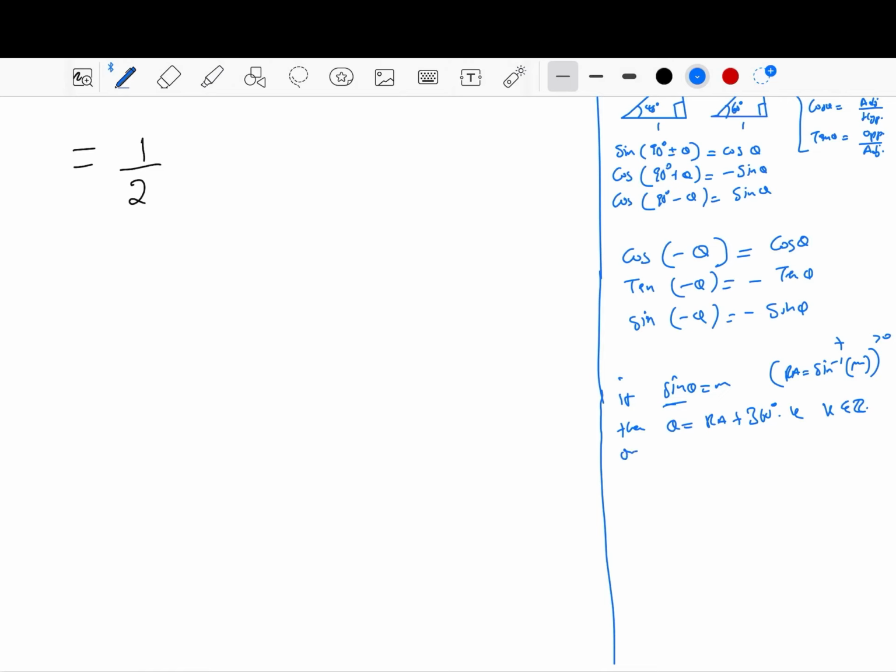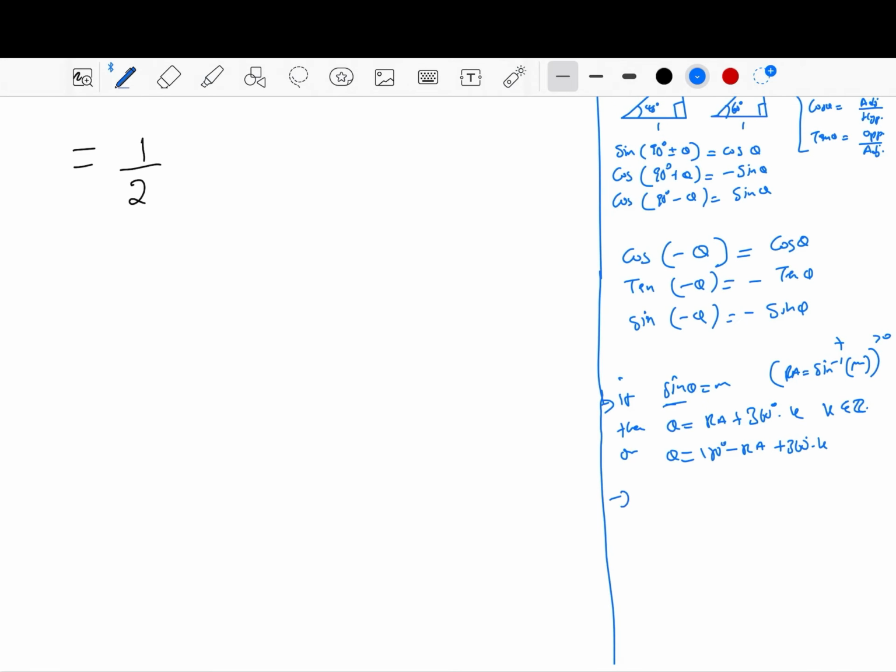Two things: this is the first general equation that you write, and it's very important that you don't forget the second general equation, which is 180 degrees minus RA plus 360 degrees times k. That is how you do it if it's sine.